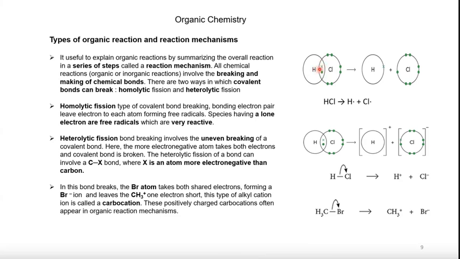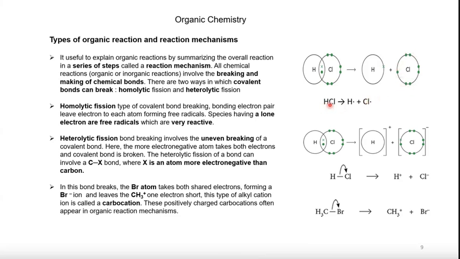If we break this bond and each atom takes its electron with it, we get an unpaired electron with hydrogen and an unpaired electron with chlorine.